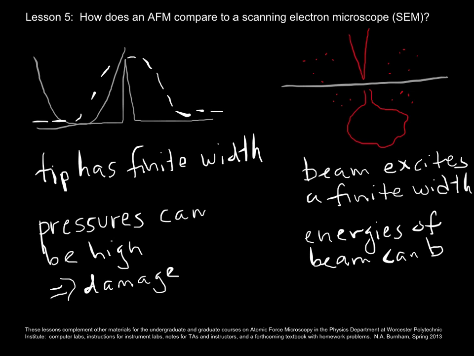So kilovolts. And if you've got a delicate sample, that can cause damage as well. So, in other words, AFM and SEM have some similarities as well as different advantages and different disadvantages. So if you're going to do nanoscience, nanotechnology, it's nice to have both instruments, such that you can take advantage of all the good things about each of them.